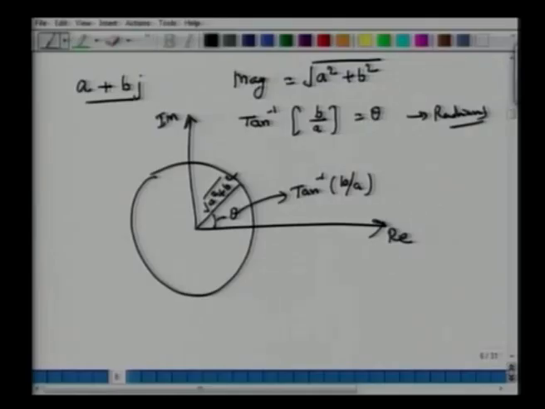So if I have any number, 3 plus 4j or whatever number I have, I should be able to fairly easily represent it in this graphical format. We can use these complex numbers in a variety of ways. We can also use them to solve equations.